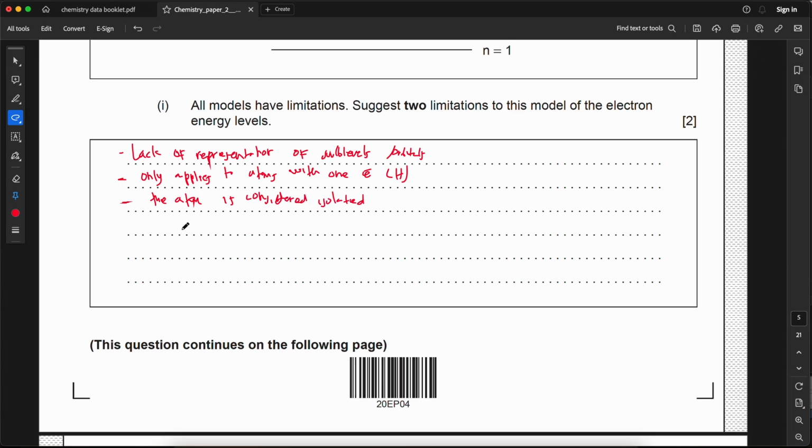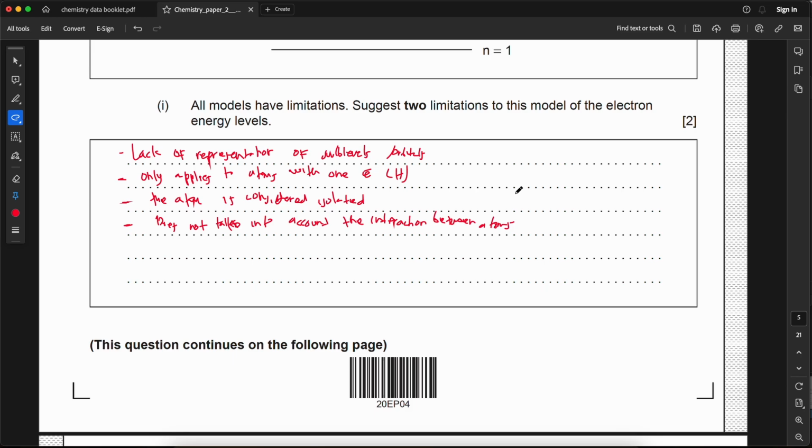isolated, therefore does not take into account the interaction between atoms. Okay, meaning it doesn't take into account interaction with other atoms or molecules.